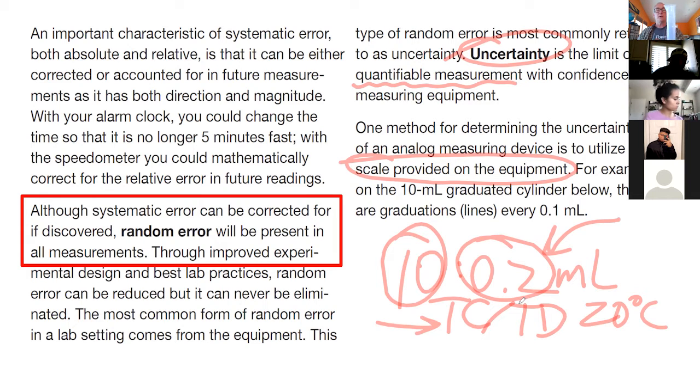TC means to contain. So it shows you that this is designed to contain 10 mils, a maximum of 10 mils, again, with divisions of 0.2 mils. And the TD refers to deliver.